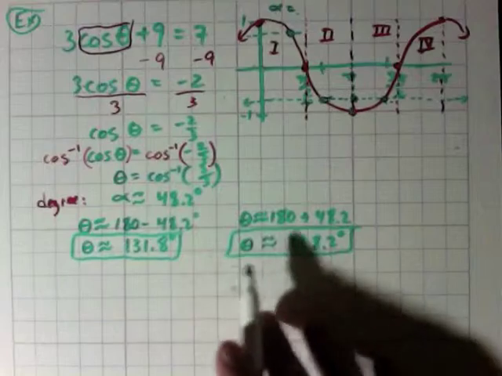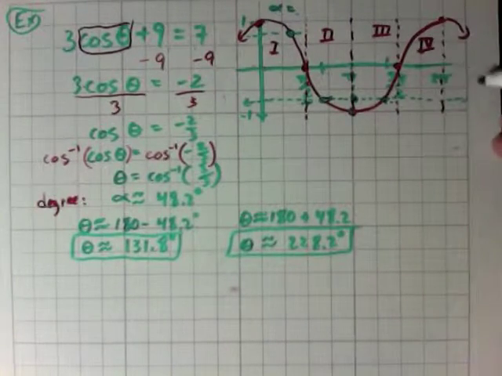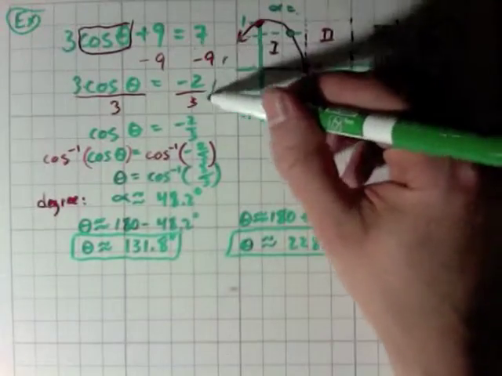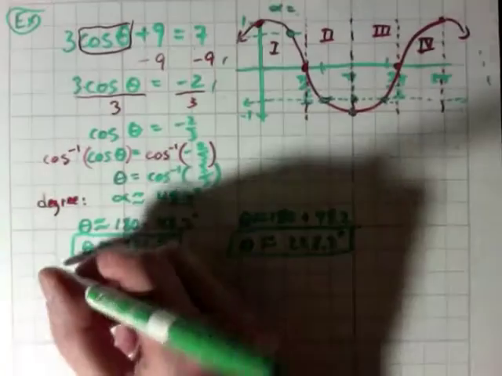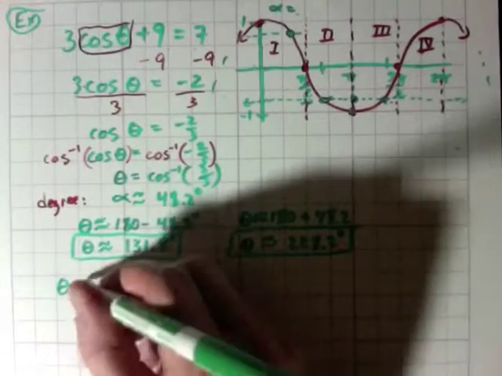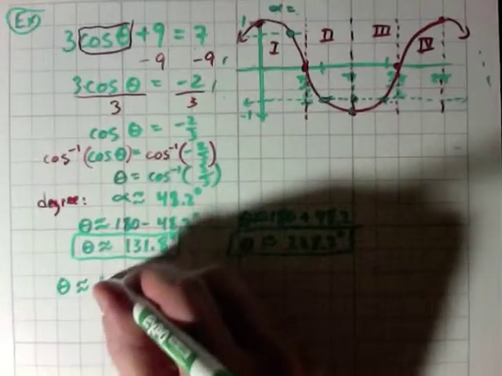And once again, I'm not interested in just these two solutions. I want to know all of the solutions every time that it's equal to that, because this graph is going to come back down and it's going to hit infinitely many times on the curve. And the way I can do that is by figuring out what are the coterminal angles with that.